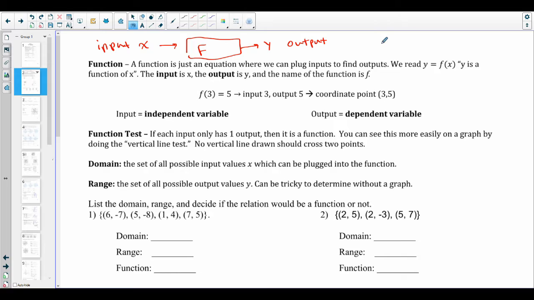You've already seen functions when you write the equation of a line, y equals mx plus b. Something like y equals 3x plus 2, that's a function where you plug in x and you get out y. Instead of writing it as y equals 3x plus 2, we could also write it f of x equals 3x plus 2.